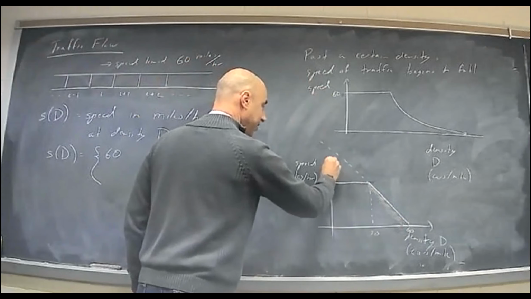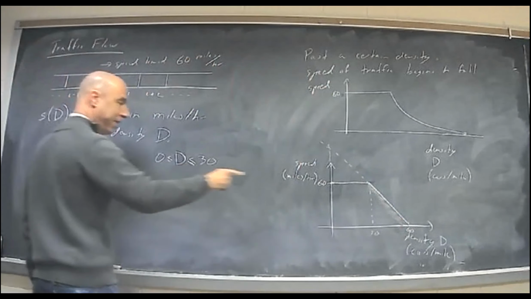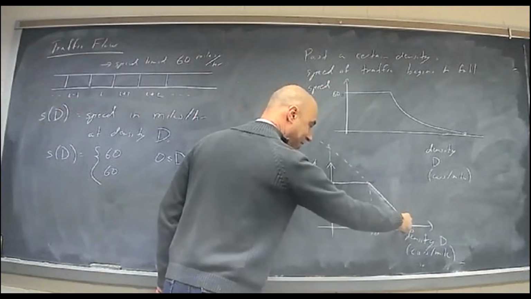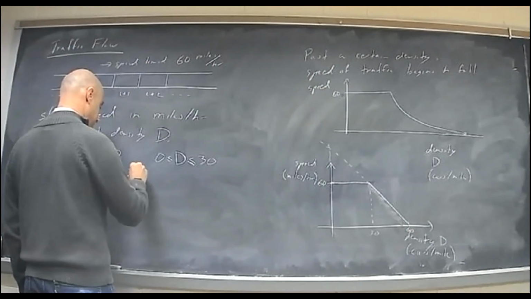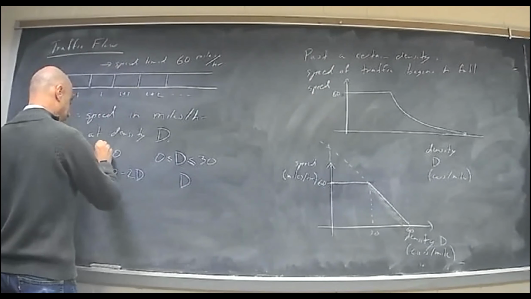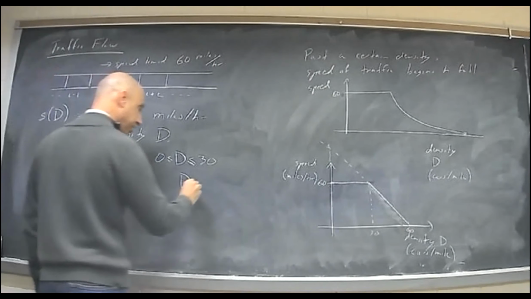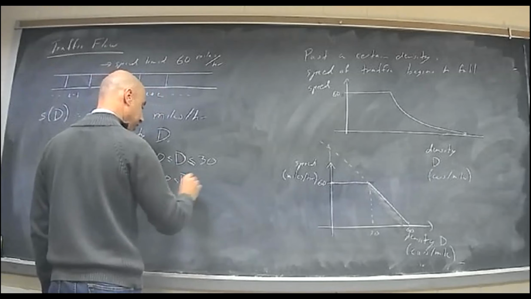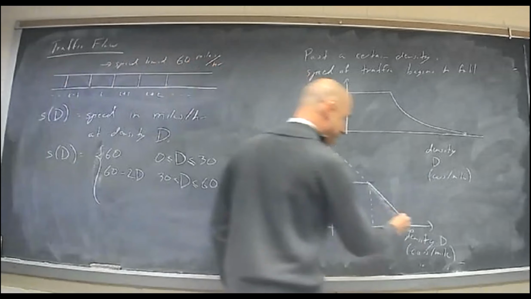If you see where it hits the vertical axis, it's at 60. And if you figure out its slope, it goes over 30 and down 60, so it's -2. For D between 30 and 60, and then we'll say traffic's at a dead stop after that.